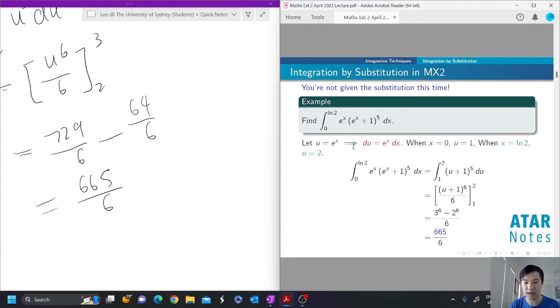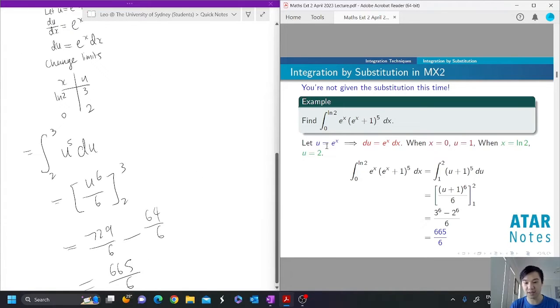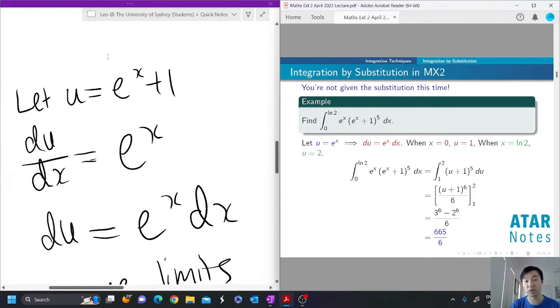So as you can see, you can see the difference here on the slides. What happened was the substitution was u equals e to the power of x, and then you still get the exact same answer, but here I came up with the substitution u equals e to the power of x plus 1.